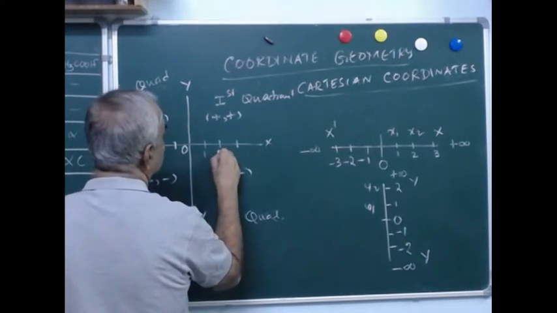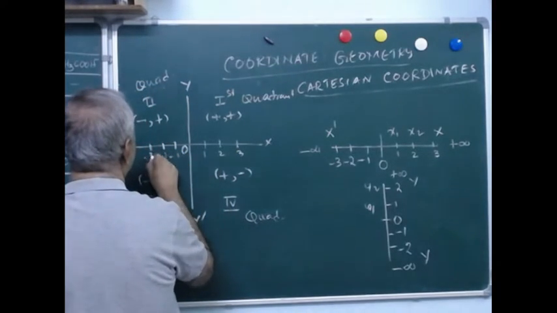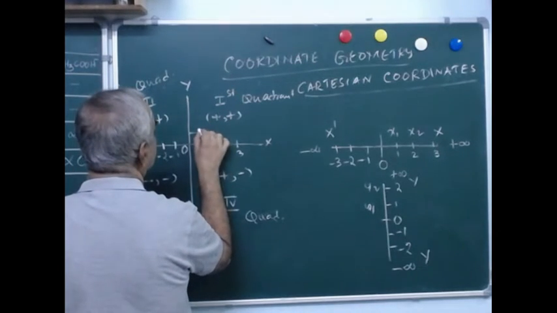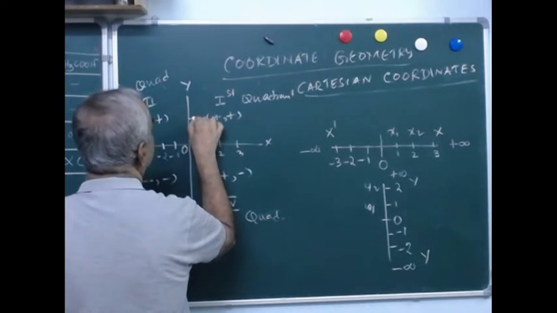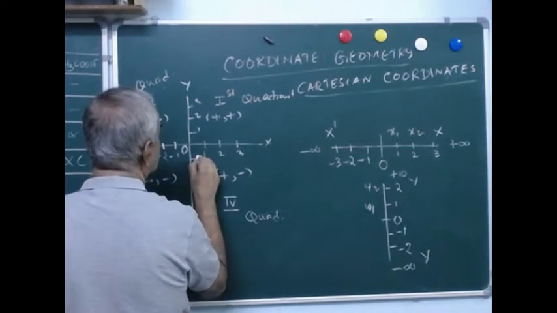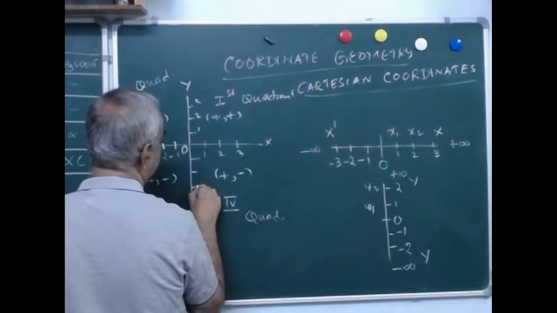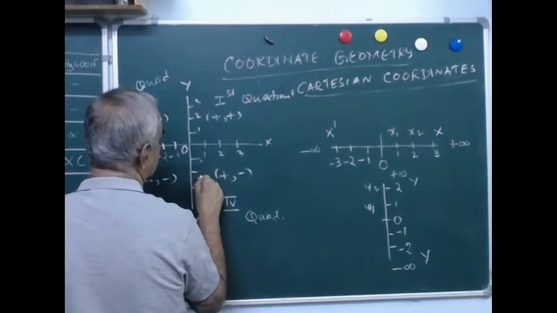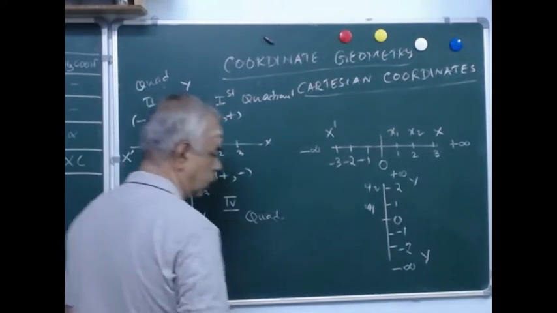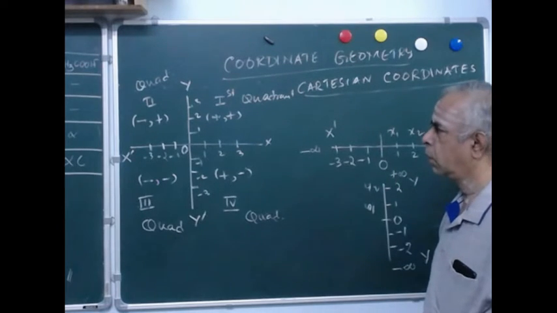You can put 1, 2, 3, -1, -2, -3, and here you have got y1, is it not? So 1, 2, 3, done. And this is -1, -2, -3, -1, -2, -3. Got it? Okay, please draw this.